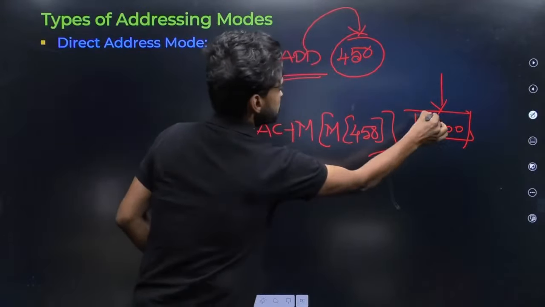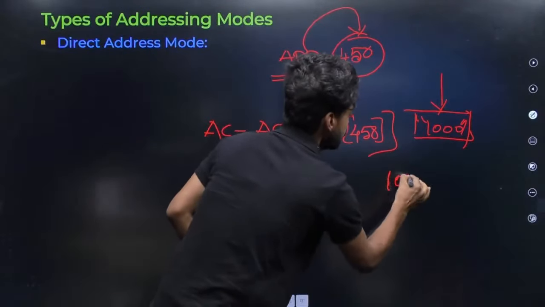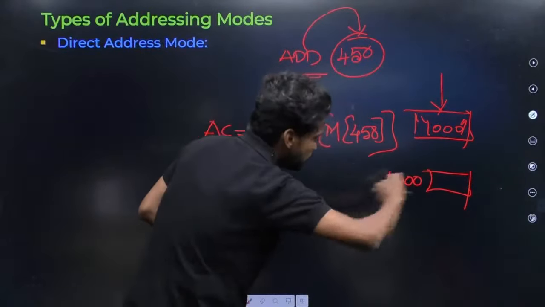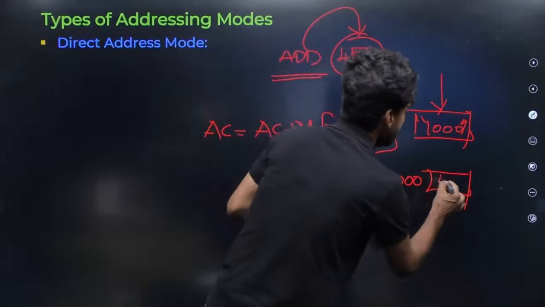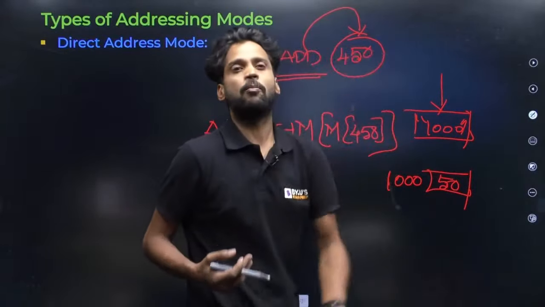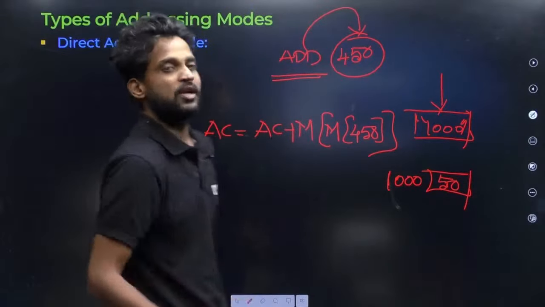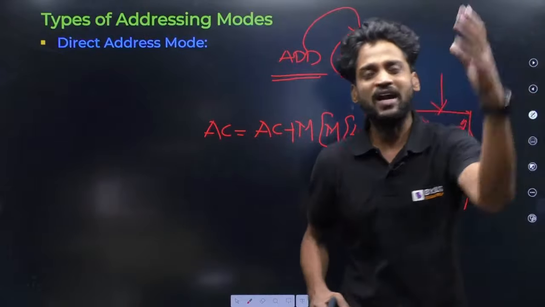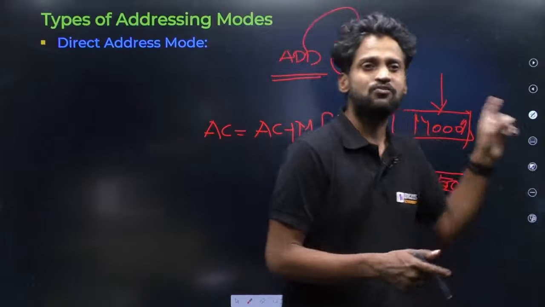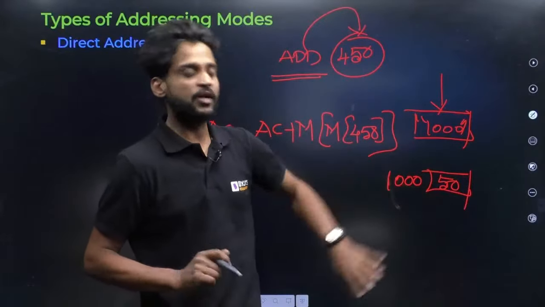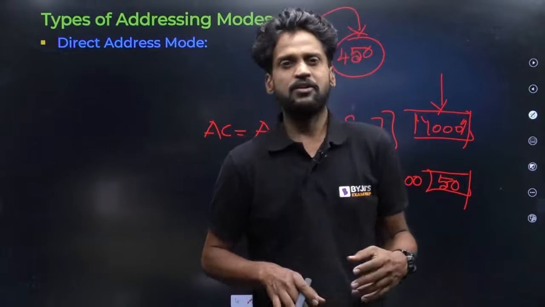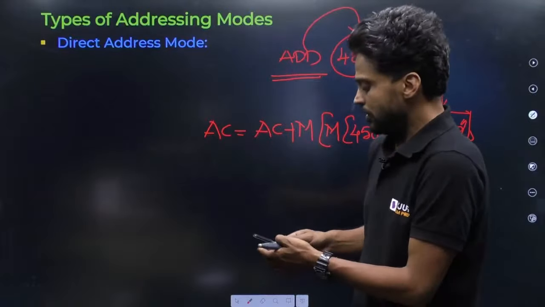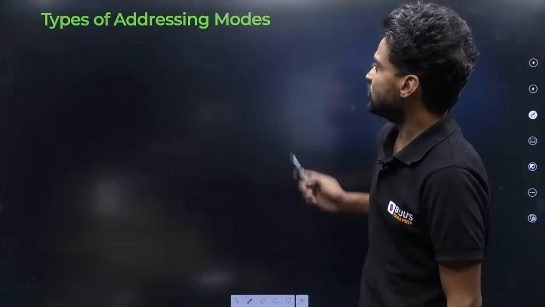That means this is no more an operand, rather it is one more address, taking which you need to access the main memory one more time, in which whatever operand is present will be considered as the operand, and finally that will get added to the accumulator. This is what the indirect addressing mode is all about. In the indirect addressing mode, the address part of the instruction contains an address in which there is one more address in the main memory. Okay, now these are simple. We don't need to talk much about the direct addressing mode and indirect addressing mode. Let me take you to the next addressing mode.